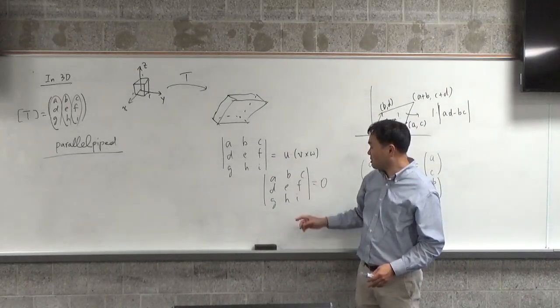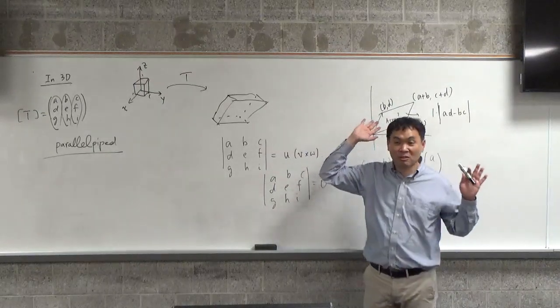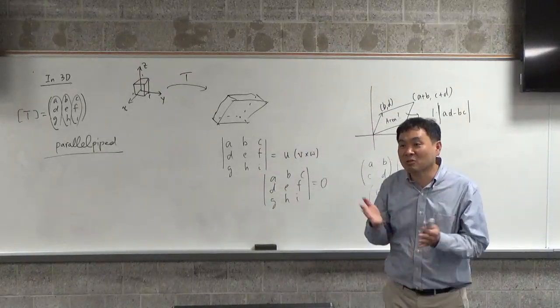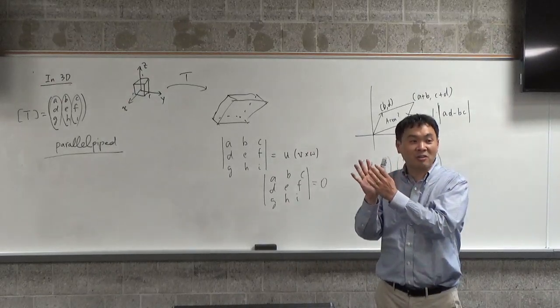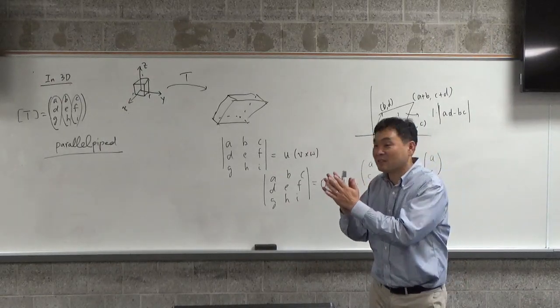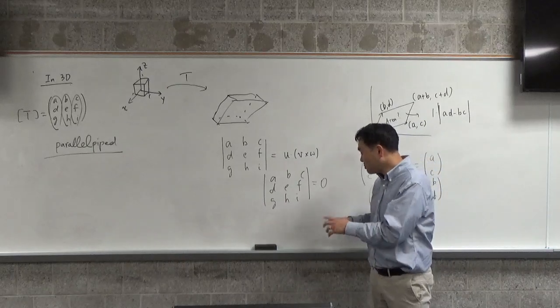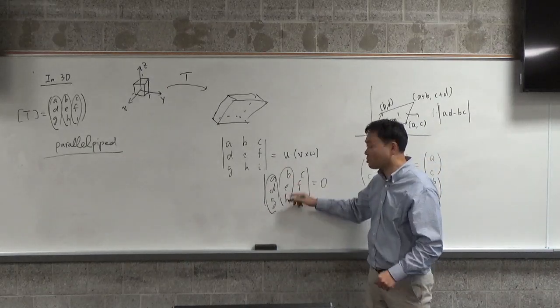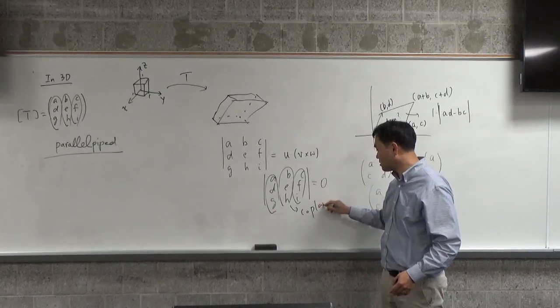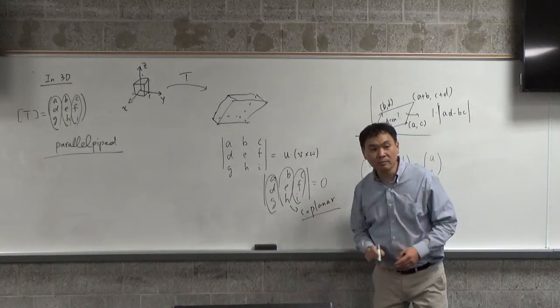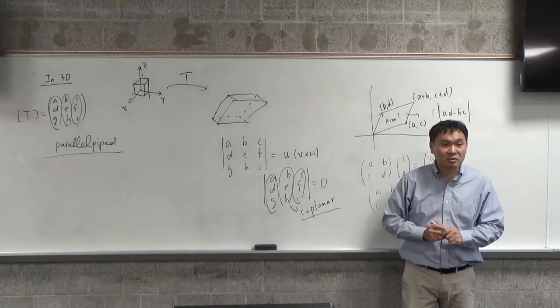What happens if this is 0 in terms of geometry? You have no volume. What does that mean? They're all in the same plane. This means that these column vectors, or even the row vectors, are coplanar. They're in the same plane.